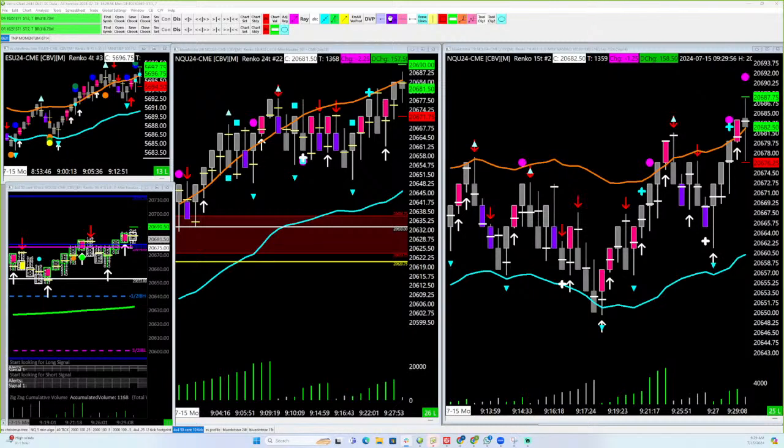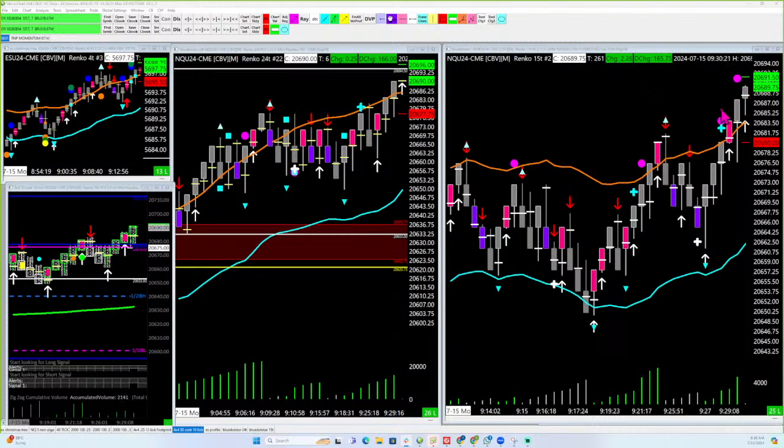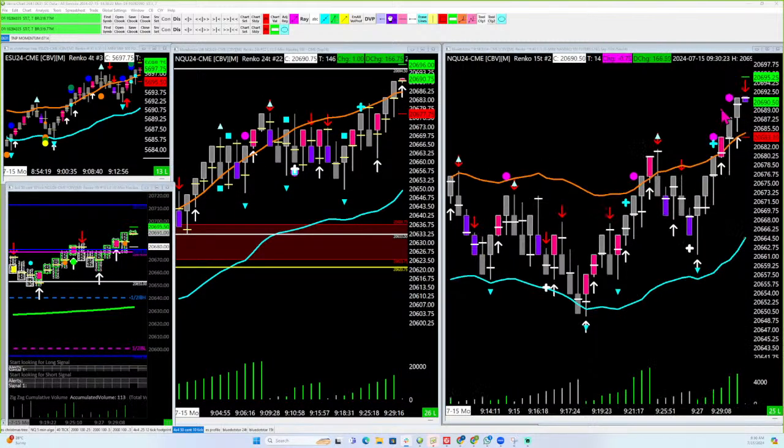Came back to test the top of the purple bar with a plus sign. Off it goes again.